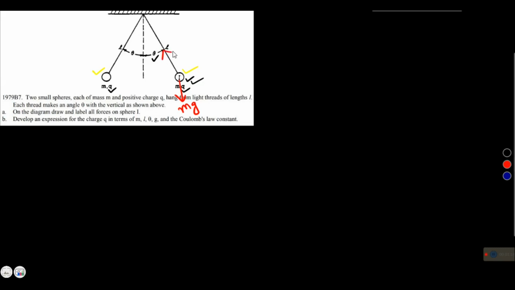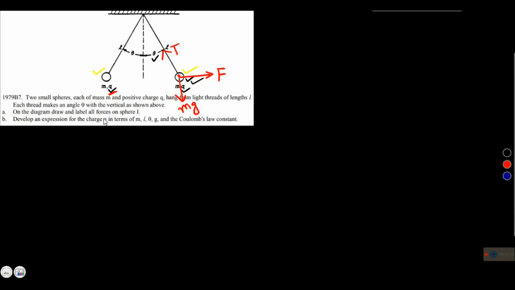Another force will be the tension in the string, that is T. And since this is positively charged q and this is also positively charged q, there will be an electrostatic force of repulsion, that is F. So these three forces are applied on this sphere I. So this is the first part.